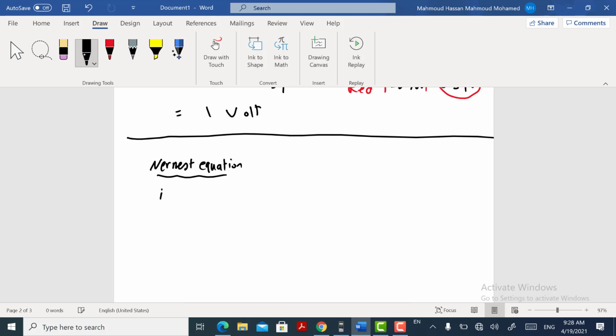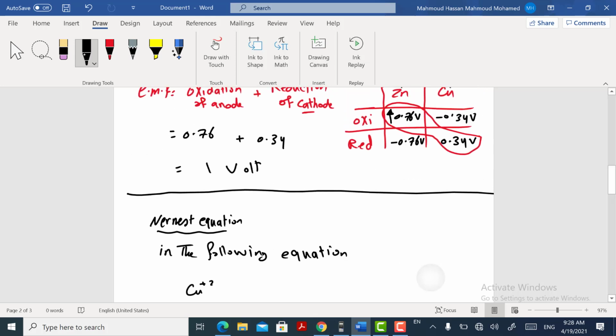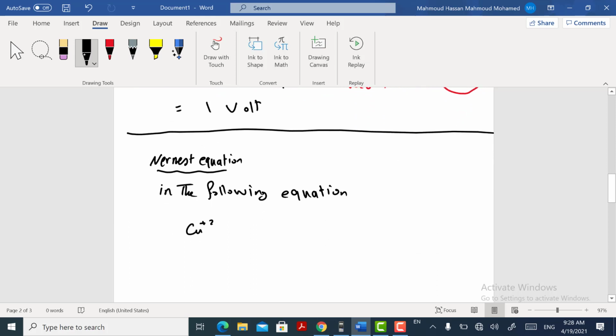In the following equation, Cu positive 2, if the value of the EMF becomes negative, it means that there is no electric current produced.